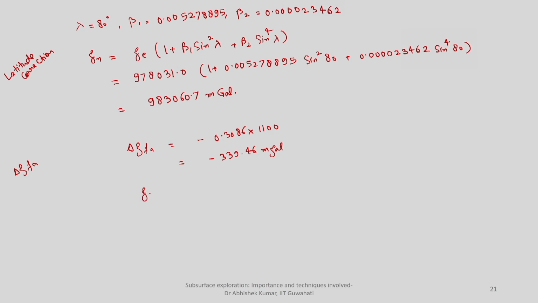So, that is called free air gravity after applying free air correction, that will be Gn, that is gravitational pull at the site considering its latitude, plus delta GFA. So, this will be equal to 983,060.7 minus 339.46, that will become 982,721.34, again milli Galileo.